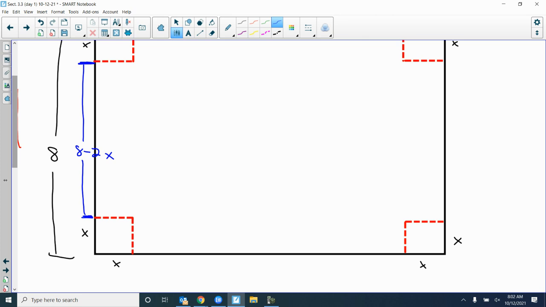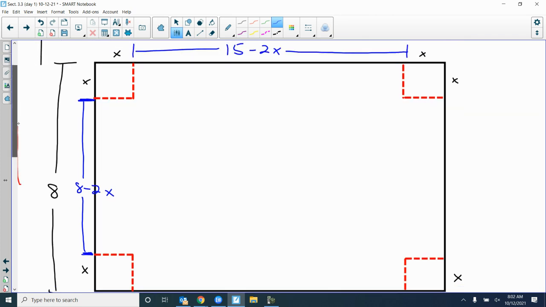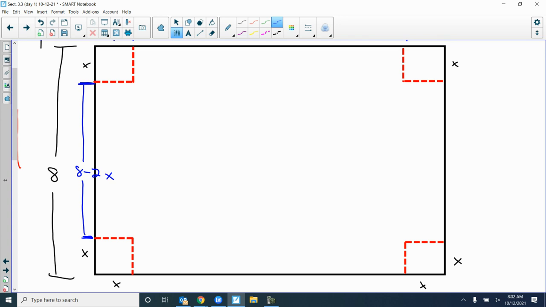Can I cut an inch out of each side? Can I cut 2 inches out of each side? Okay. So I'm going to get to a maximum amount I can cut out of each side. So we got to examine that. What's going to be that maximum amount? This side is how long? 8. Can I cut 5 inches off of here and 5 inches off of here? No. What's the most I can do? 4. Right at 4.